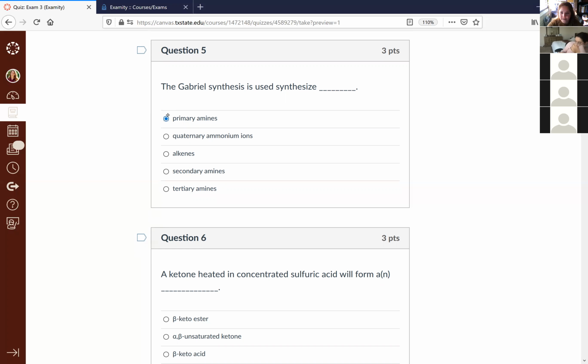Because remember, primary amines are kind of challenging to create just by SN2 chemistry with ammonia and an alkyl halide, because those tend to go through multiple substitutions. So chapter 20 is like, look at all these cool ways that you can make a primary amine. So that one's kind of a freebie if you noticed that trend in chapter 20.